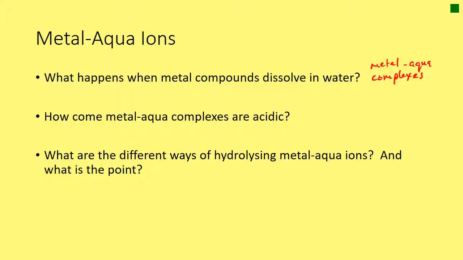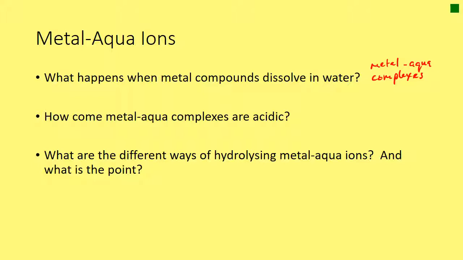How come metal aqua complexes are acidic? Well, because the metal ions are very positive, 2+ and 3+ in these cases, they draw electrons to themselves, and that weakens the oxygen-hydrogen bond in the water ligands, and so that dissociates that bond in some cases, which expels a hydrogen ion, which makes the solution acidic.